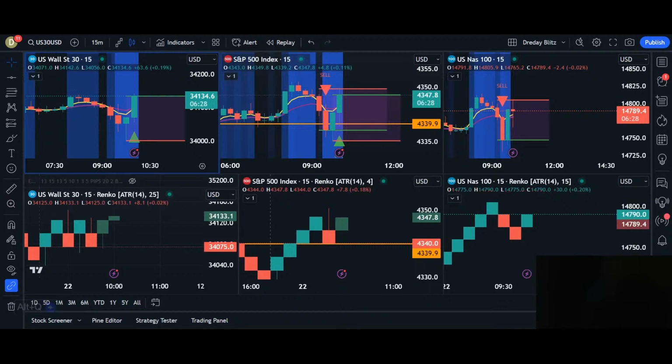Fair value gap, Asian low, Asian high. It's good to know, but when you know exactly when to start trading and get out of the trade, you're going to minimize your risk, and you just have to follow along with the indicator and the indication of when to get in and when to get out.